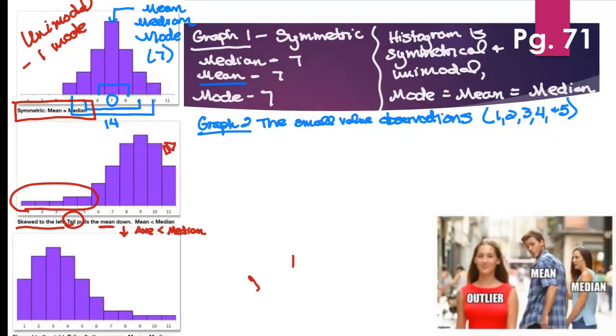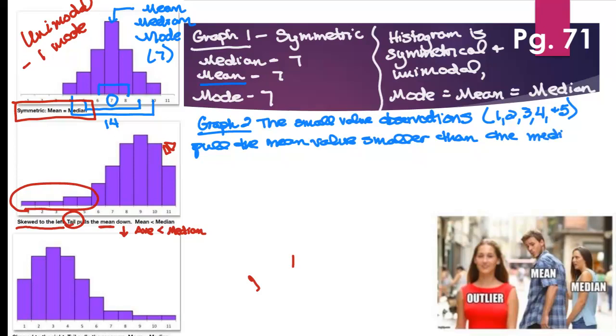Okay. Pull the mean value down. That's what it said. Pull the mean value smaller than the median.